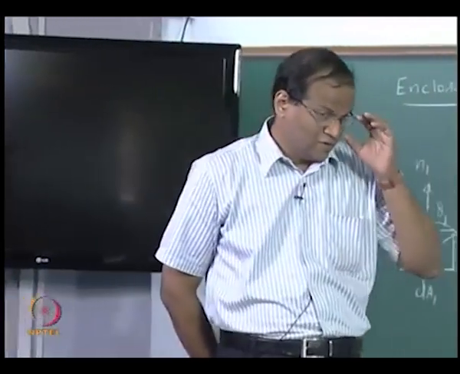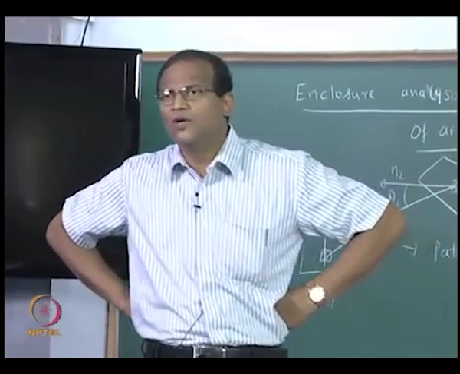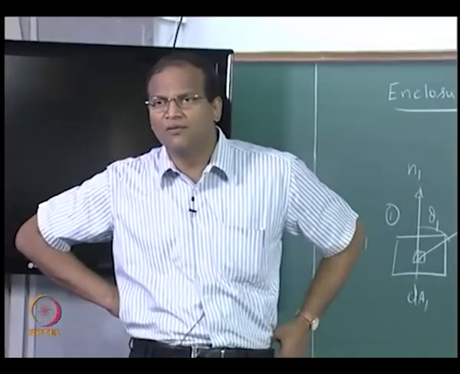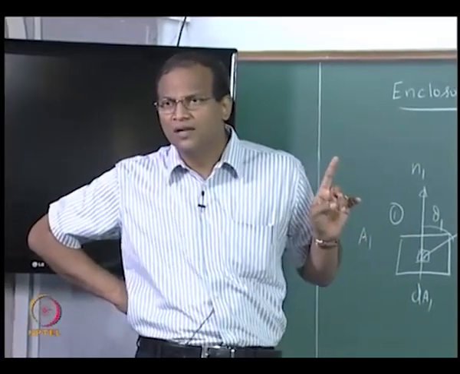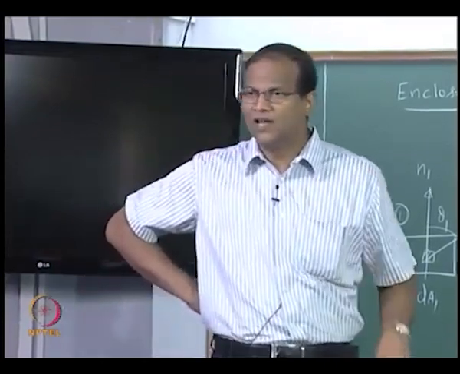Therefore, the irradiation of area 2 because of the radiation emanating from area 1 is given by the double integral of the two terms over A1 and A2.